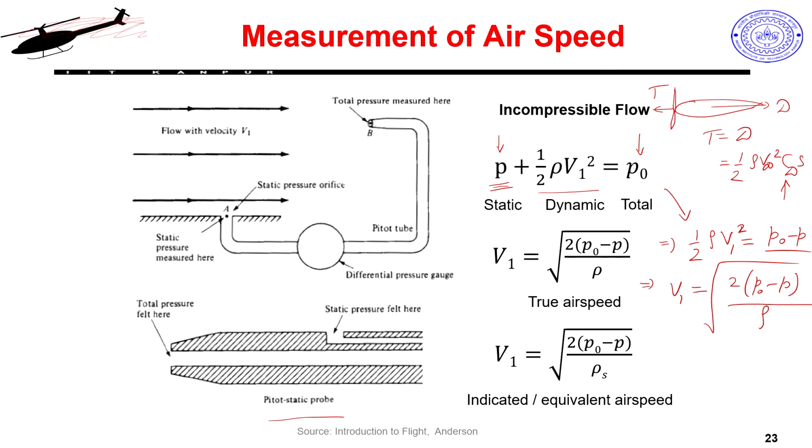But now there is a catch here. P naught and P I am able to measure. What do I do with my rho? Rho is my density. How do I get this? So, we have two approaches.